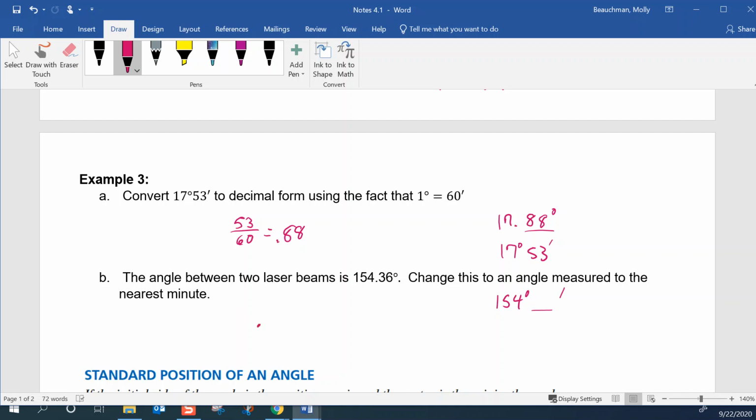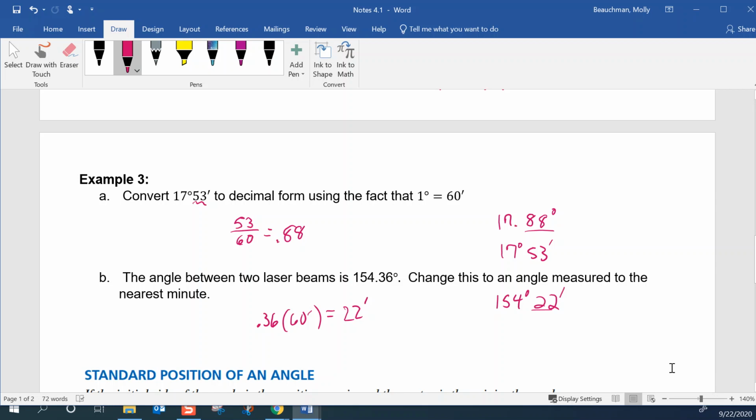To find out, take 0.36 times 60 minutes, and that is equal to 22. So that would be 154 degrees, 22 minutes. So if you're going to convert minutes to a decimal, divide by 60. If you're going to convert a decimal to minutes, multiply by 60.